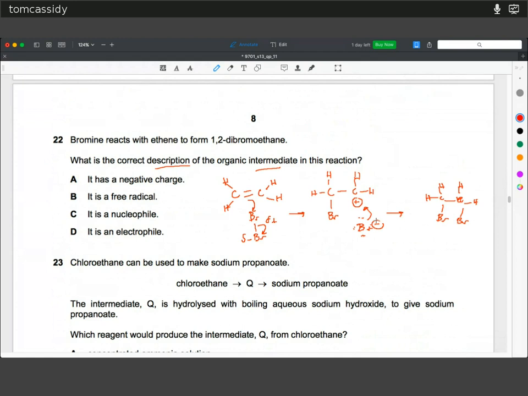And so this word here, electro, that's the negative electrons, and phile, like bibliophile is somebody who likes books. Electrophile is a species that likes electrons. So this intermediate, because it has this positive charge, it's going to be attracted to electrons. It's an electrophile.